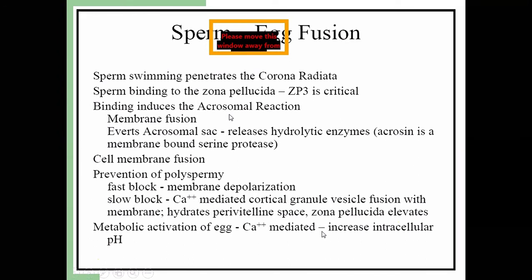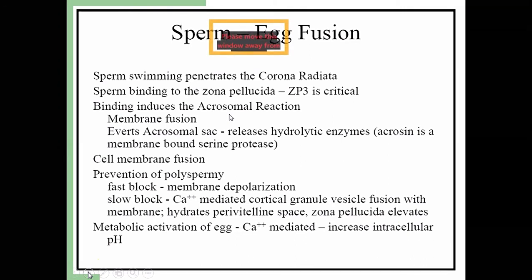Okay, in this slide, we'll move back a little, no? Sperm streaming penetrates the corona radiata and the zona pellucida, okay? Diba, I said there are 2 areas that the sperm has to pass through, the corona radiata and the zona pellucida, okay?